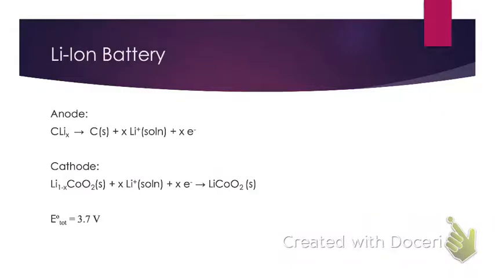All right, now there's the lithium-ion battery, which is the battery that's commonly used in electric vehicles. And there is also a lot of research dealing with the materials that are used in these batteries. Here we have a situation where at the anode, we're actually getting oxidation occurring of the lithium at the anode, liberating electrons.